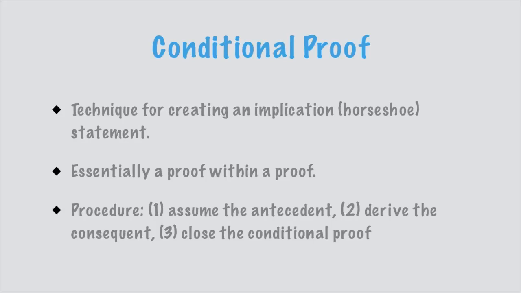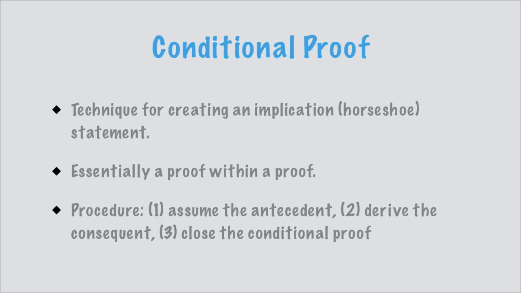Conditional proof. The technique of conditional proof is solely for the purpose of creating a horseshoe statement. If you want to boil it down, the outcome of a conditional proof is always going to be a horseshoe statement. It's essentially, as you may have noted from the book, a proof within a proof. It's saying something like, if I assume A is the case, can I derive C?